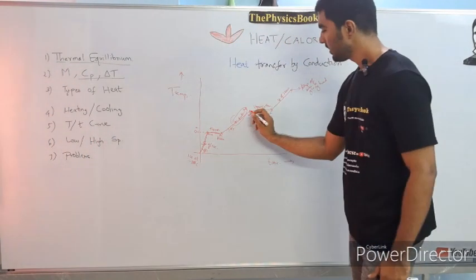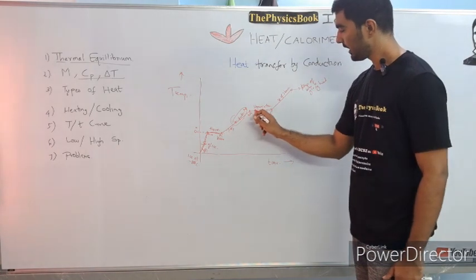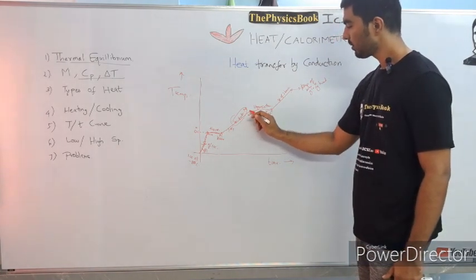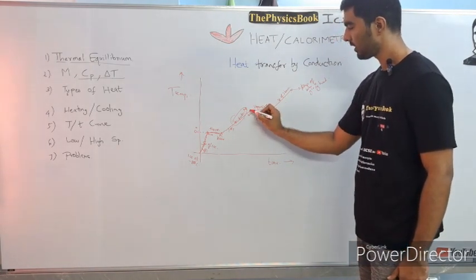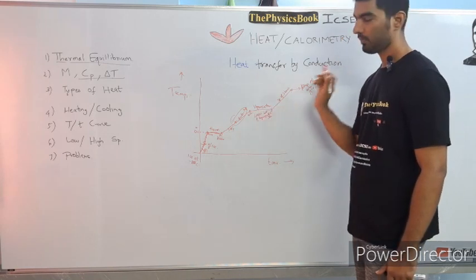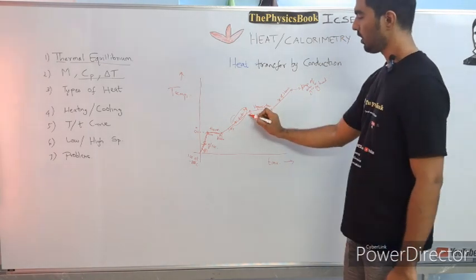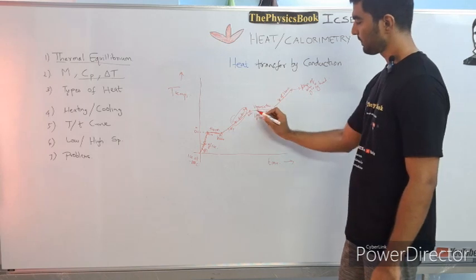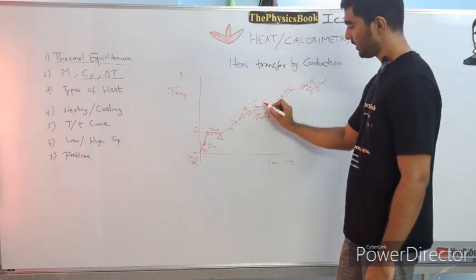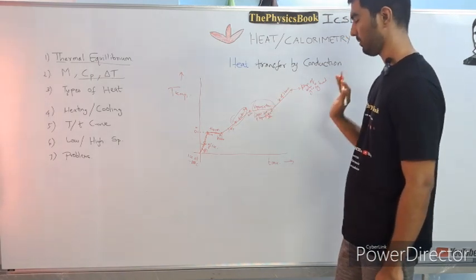After reaching 100 degrees Celsius, the water again takes in heat, but here the intermolecular bonds of the water get broken and it is converted into steam. There is a change in phase from water to vapor, which is steam. This process is called vaporization, and it happens because of latent heat of vaporization.